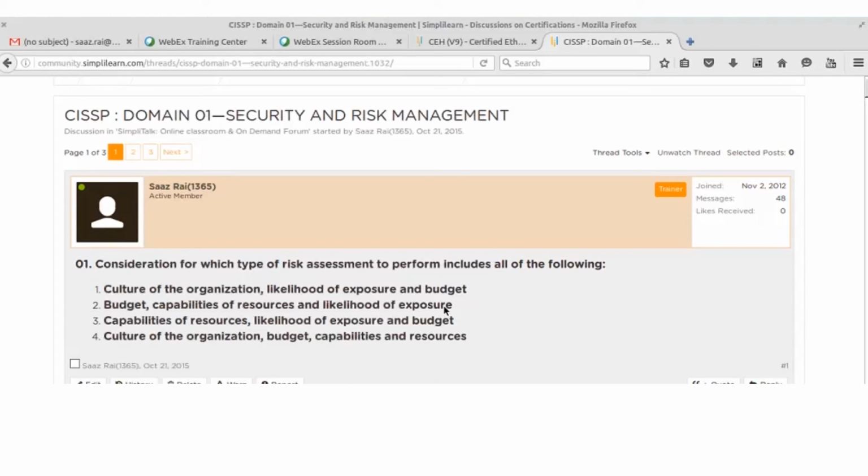And the other question is budget. I don't have much budget to do this analysis. So what do you do? Go for which type of analysis? Qualitative. All right. And your boss tells you, give me a risk analysis in the next 2 hours.